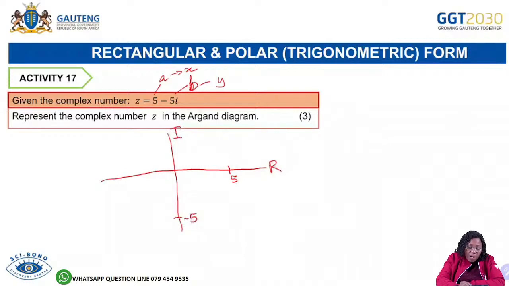So now if we are coordinating 5 and minus 5, this will join here, and then now from the origin to that point, that is the Argand diagram for that particular complex equation.